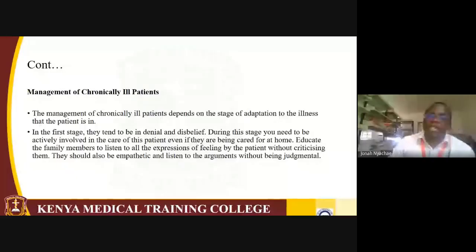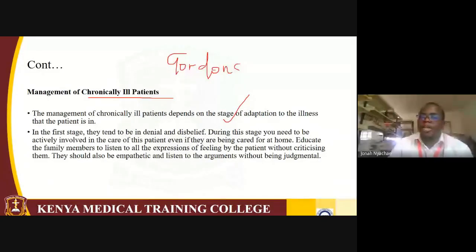Management of the chronically ill patient is dependent on the stage of adaptation. We have said we can use Gordon's functional health patterns. If you don't know Gordon's, please go and read and see how you can apply it. In the first stage, they tend to be in denial and disbelief.